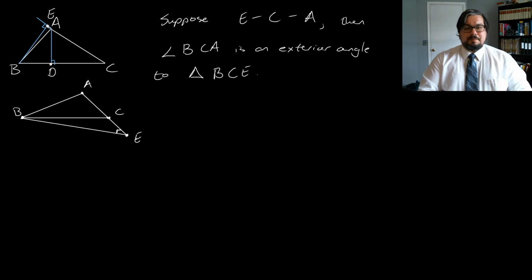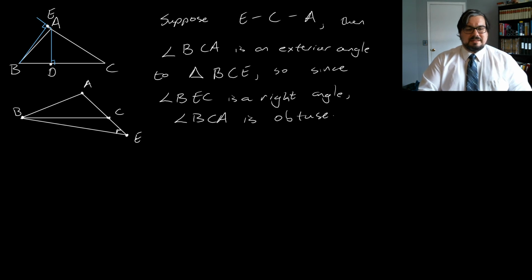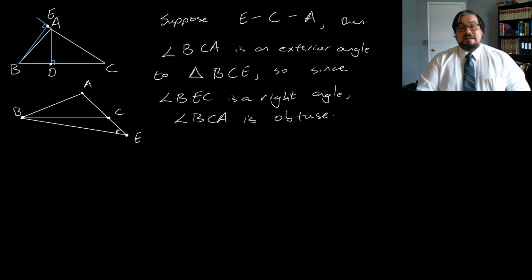So in this case, BCA is an exterior angle to triangle BCE. So that means that since angle BEC is a right angle, that angle BCA is obtuse, by the exterior angle theorem.